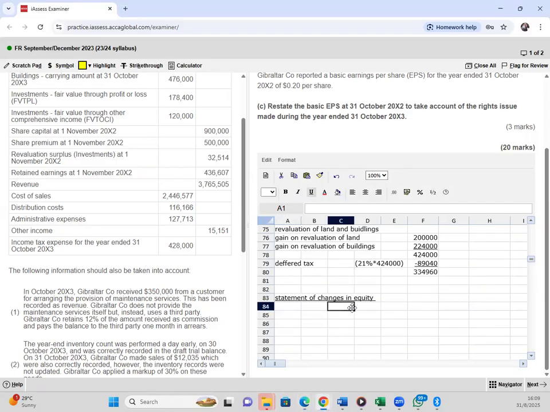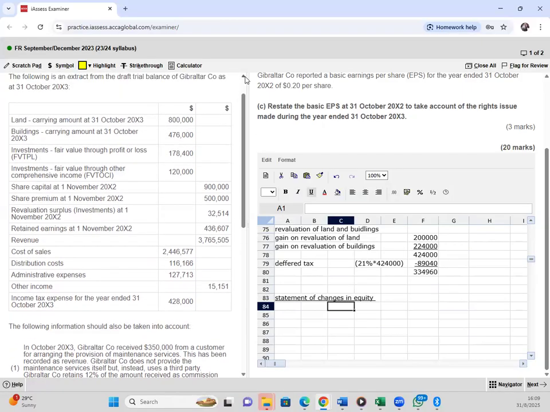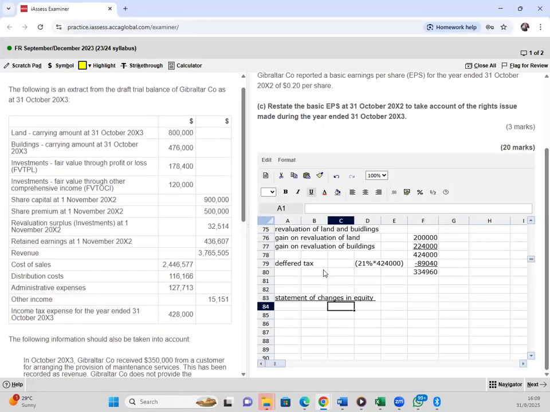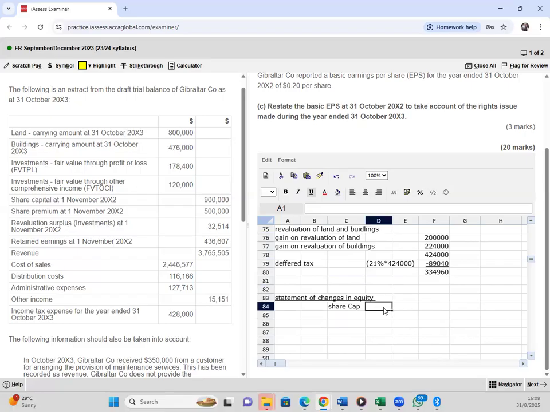So we leave the column for details, then let's just go to the trial balance. We have the share capital. Besides the share capital, we are given the share premium.